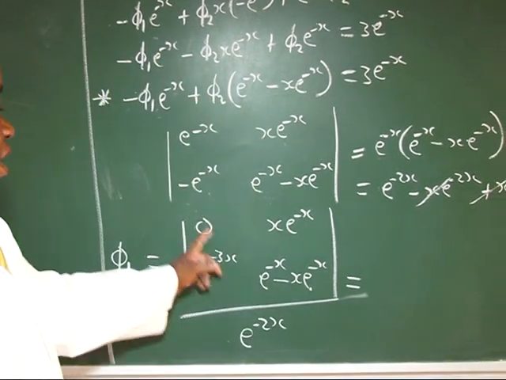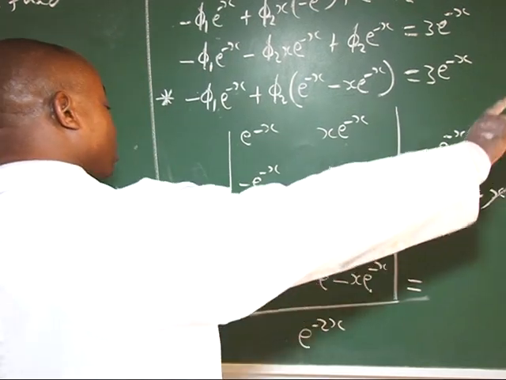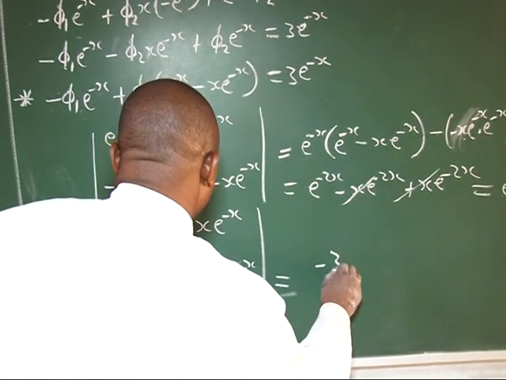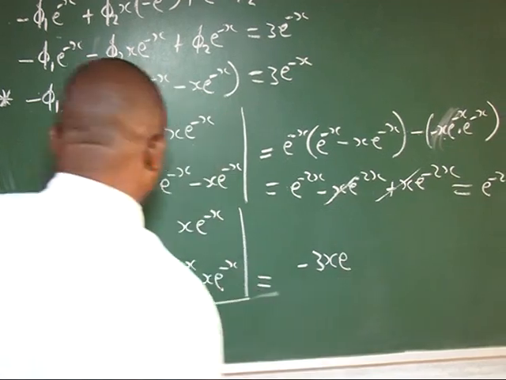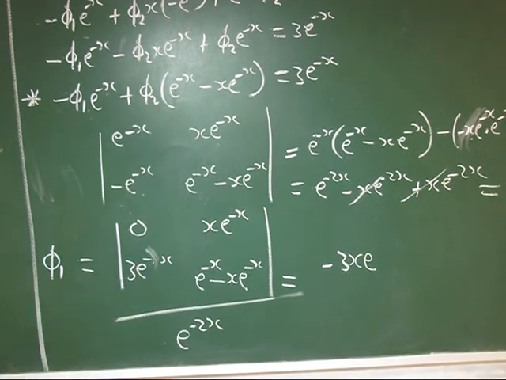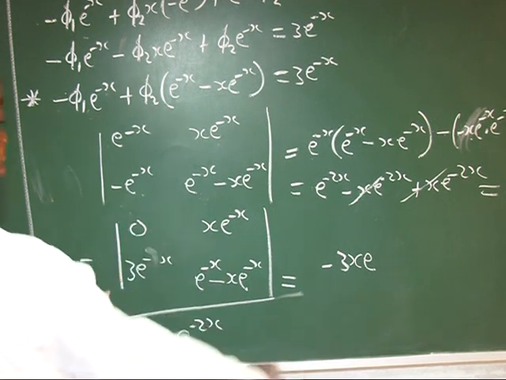Now, taking this times this will give us 0 minus this. So we have minus 3x e^(-x). Okay, this one was, this is minus x, this is 3 e^(-x). Okay, so this times this is 0.